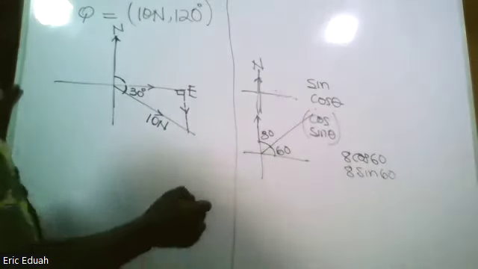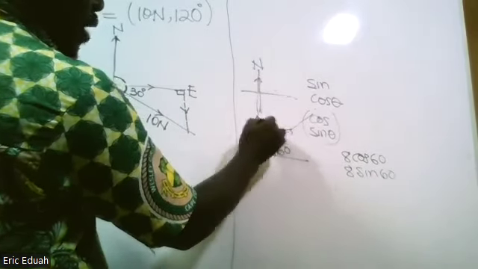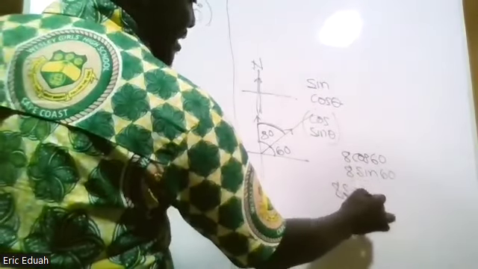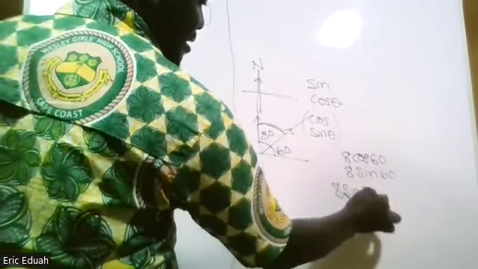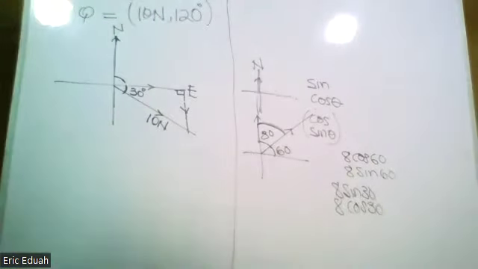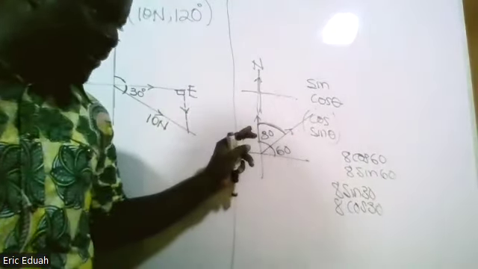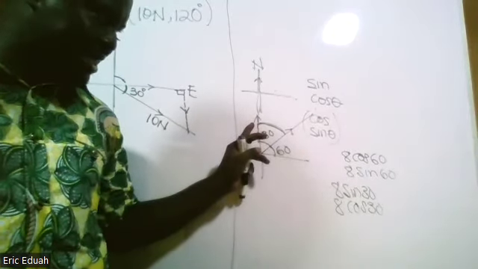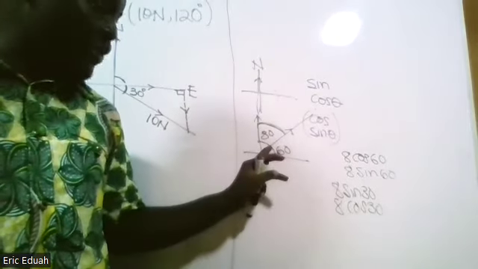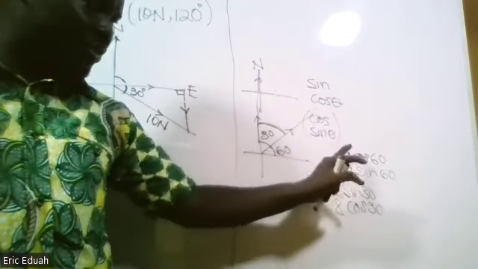When we use the angle it makes with the y-axis, the order was 8 sine 30 and 8 cos 30. So all that I'm saying is that if you are considering the angle the vector makes with the y-axis or the north, the order is sine, cos. If you are using the complementary angle to the x-axis, the order is cos, sine.